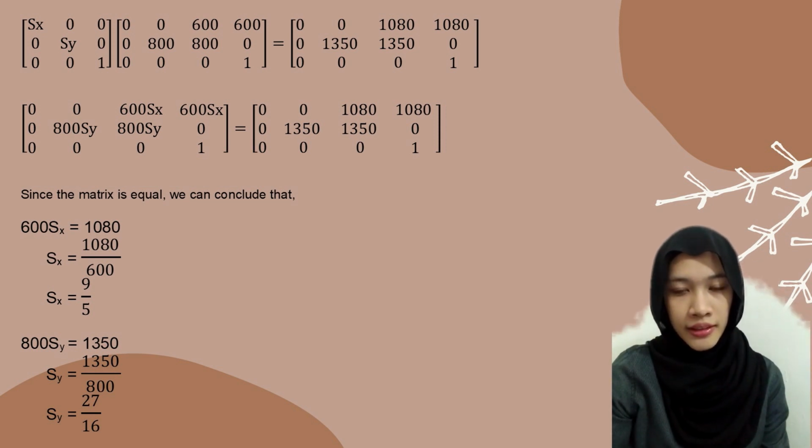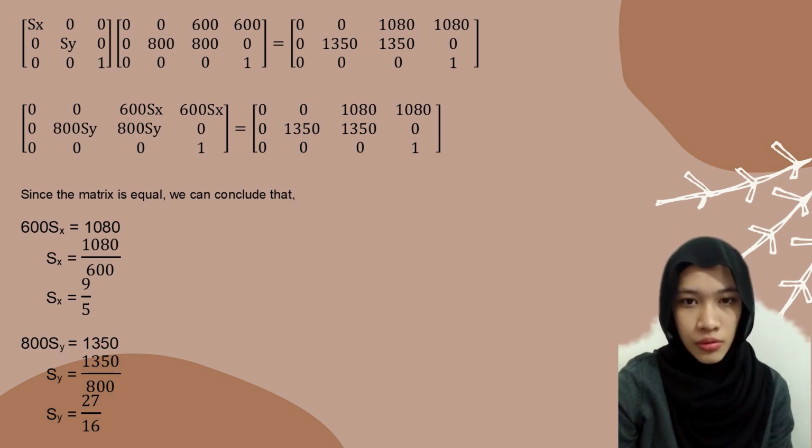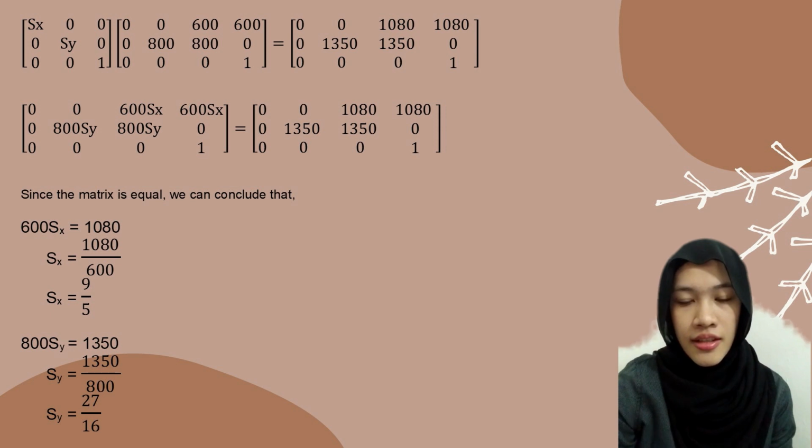After multiplying the scaling matrix and the original picture matrix, we found that since the matrices are equal, we can conclude that 600 multiplied by scaling factor x is equal to 1080 and 800 multiplied by scaling factor y is equal to 1350.